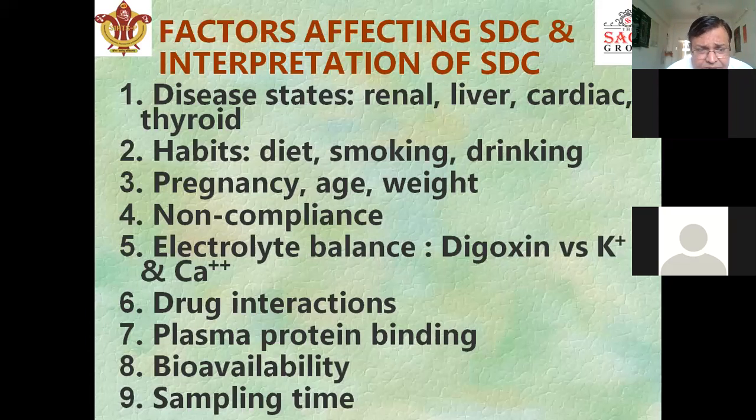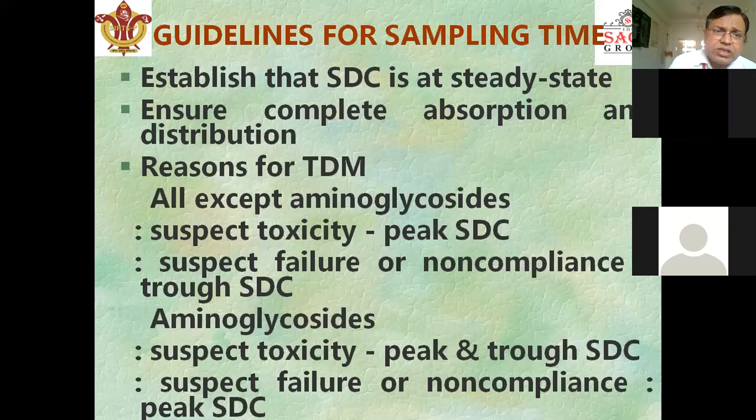Next is drug interaction, plasma protein binding, bioavailability, and sampling time. These are the factors directly responsible for the serum drug concentration, and we have to go for therapeutic drug monitoring for the same.